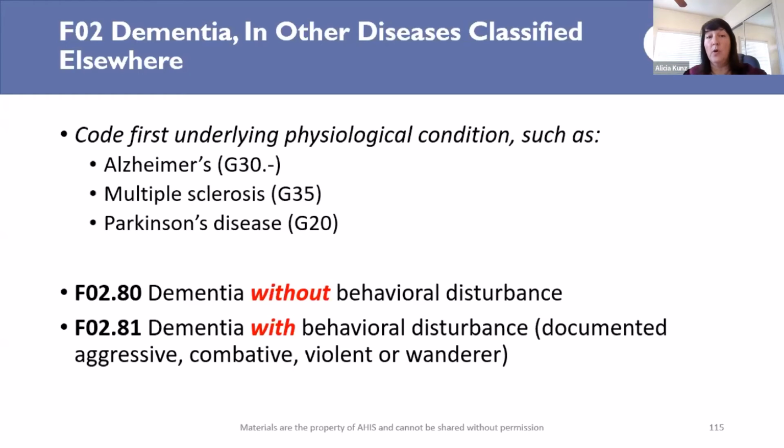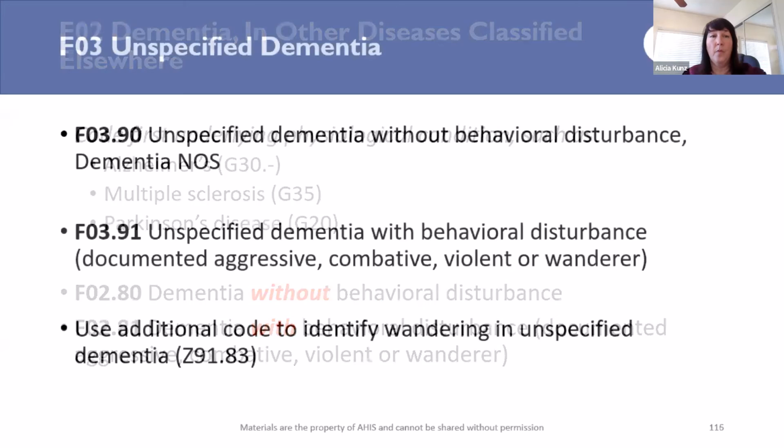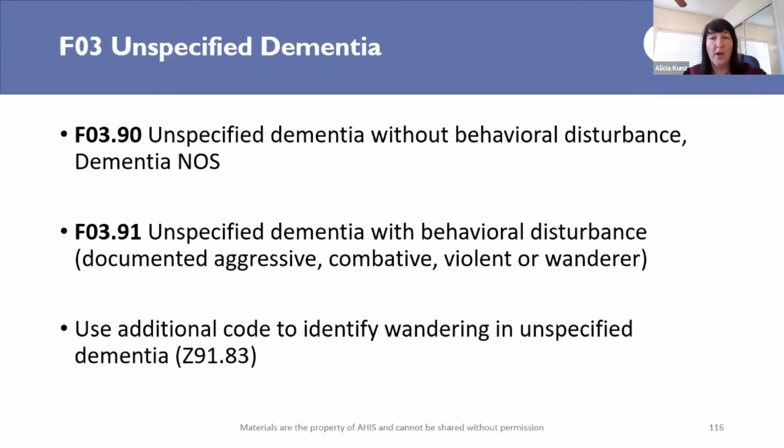So your Alzheimer's would go first, and then your appropriate F02 dementia code would come after that. And again, with or without behavioral disturbance. When we're talking about behavioral disturbance, we are not referring to depression, and we're not referring to anxiety. We're referring to, again, aggressive, combative, violent, wanderer, those sorts of things. Next.